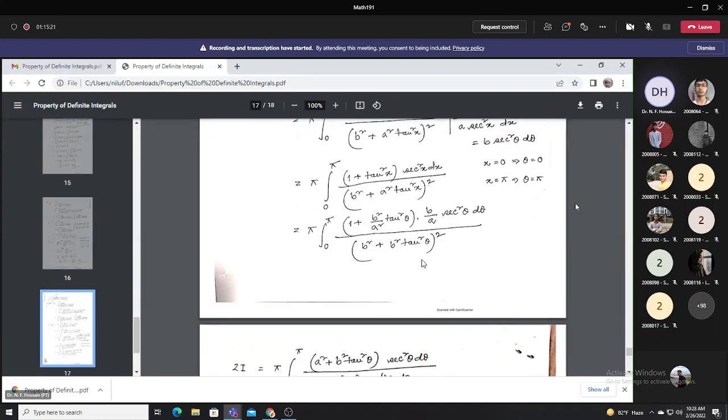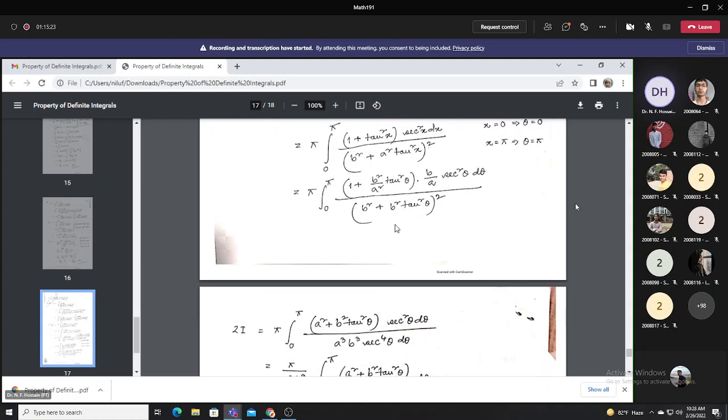In the next step, let us take b square common from the lower part, and in the upper part we have a b, so ultimately in the lower part there will be b cube. Take a square, a cube common, so here comes a square plus b square tan square theta into sec square theta d theta, and another a cube goes down.